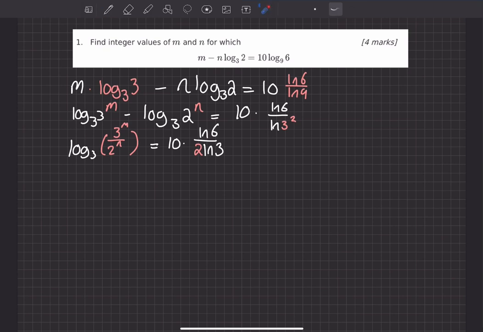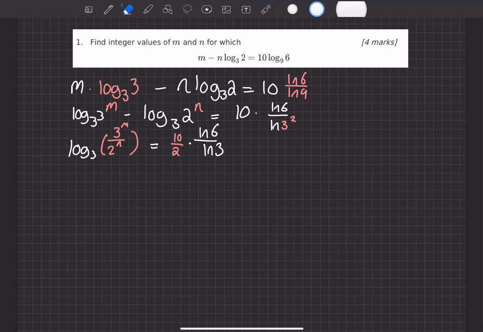We just use our third law to bring this 2 down here. And what we can actually do is move the 2 to just divide it by the 10 straight away. So 10 over 2 times ln of 6 over ln of 3.